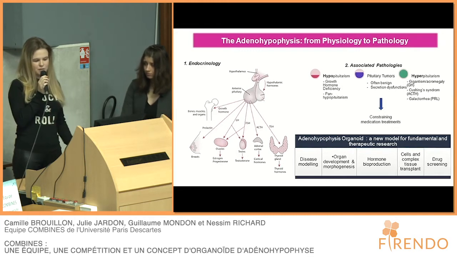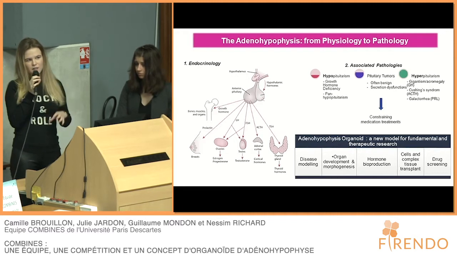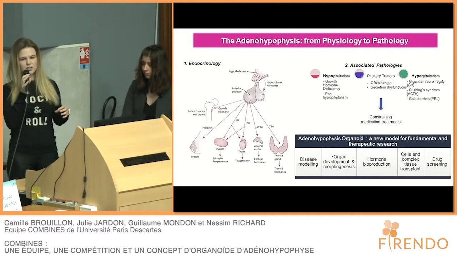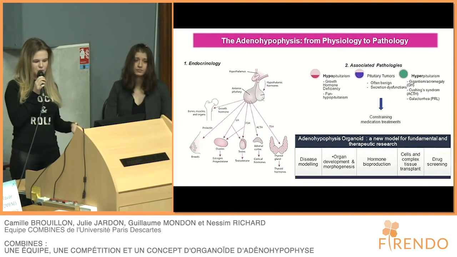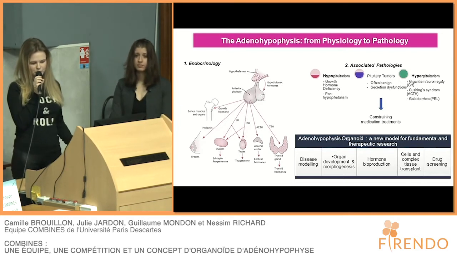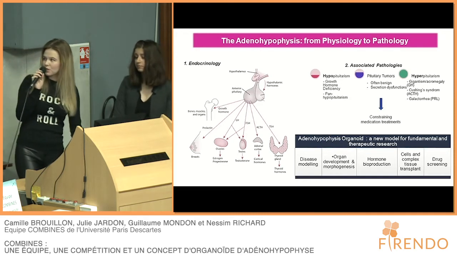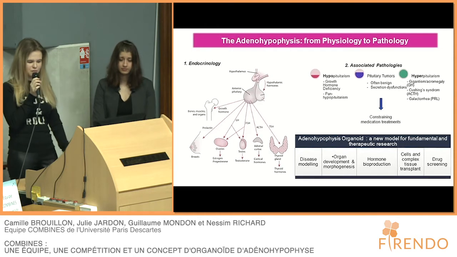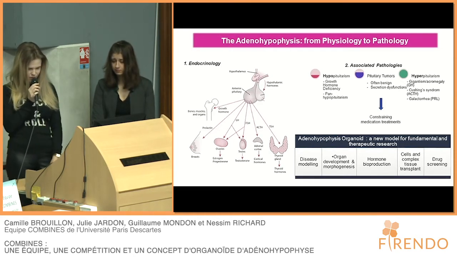For instance, some tumors can develop on the hypophysis and compress healthy tissue and prevent the release of hormones. There can also be hypopituitarism or hyperpituitarism. This is why it is crucial to get an adenohypophysis organoid to bring some new therapeutic solution.